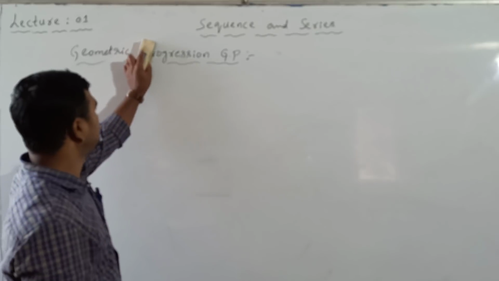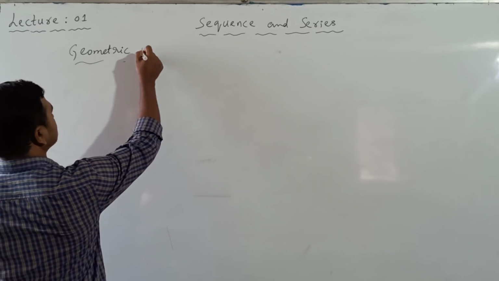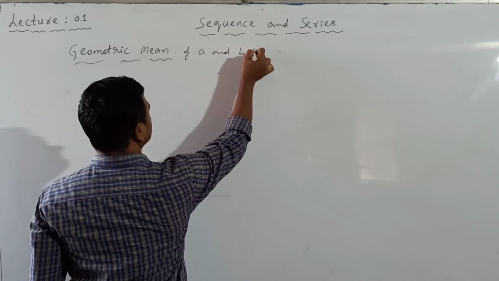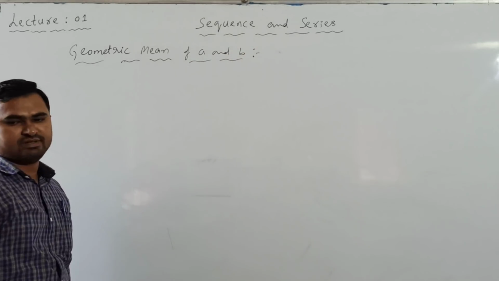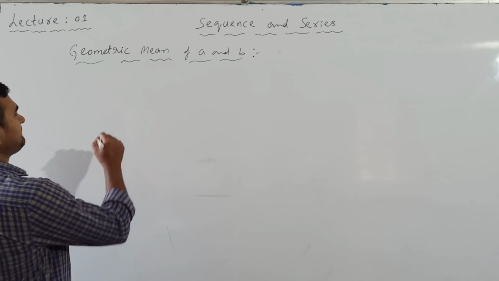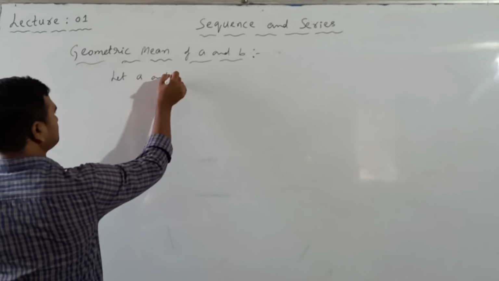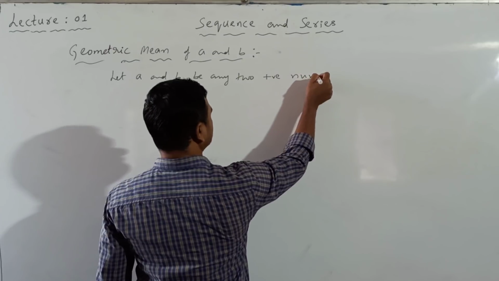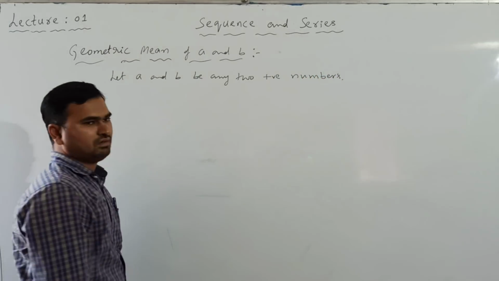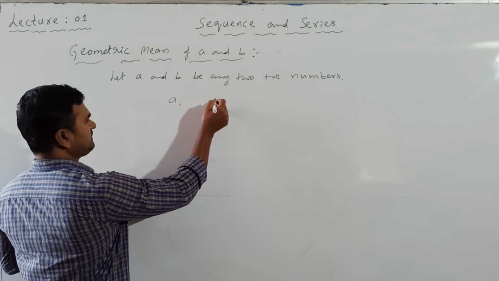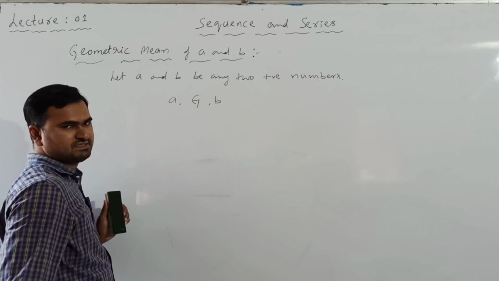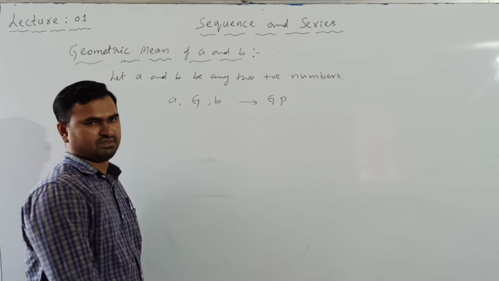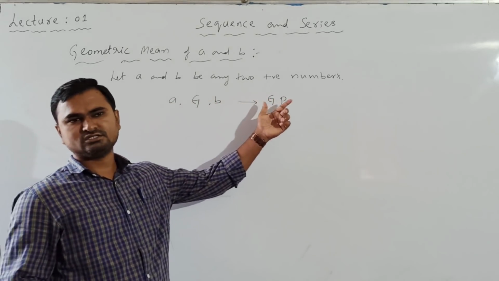So it is called a geometric mean of A and B. Whenever we are given two positive numbers A and B, in between A and B we are inserting one more number, suppose G, so that the resulting sequence is forming a geometric progression.